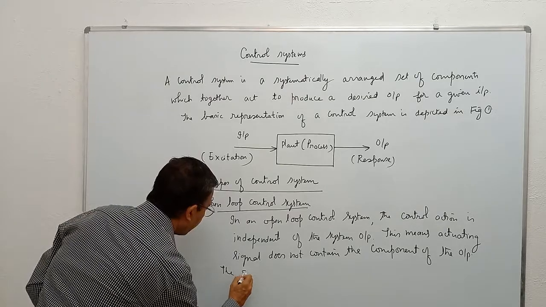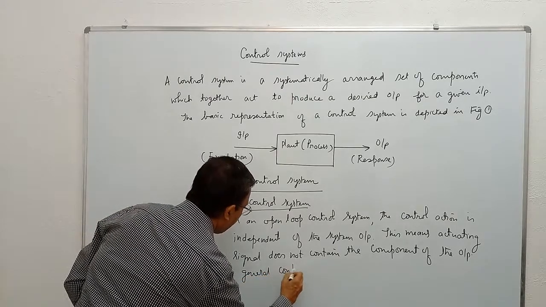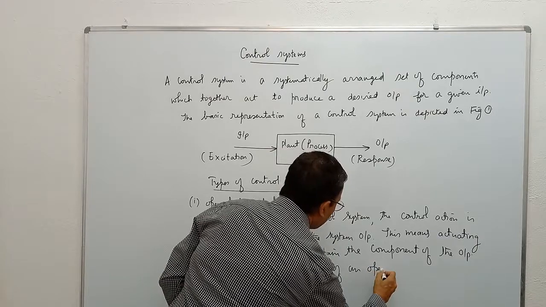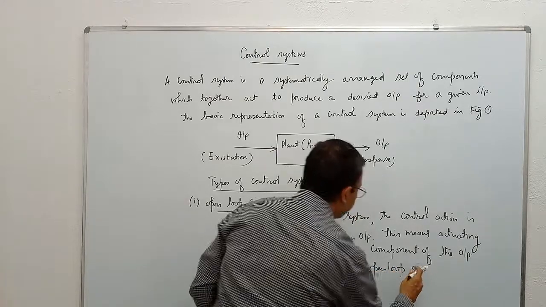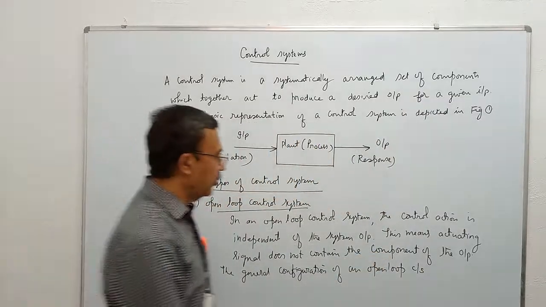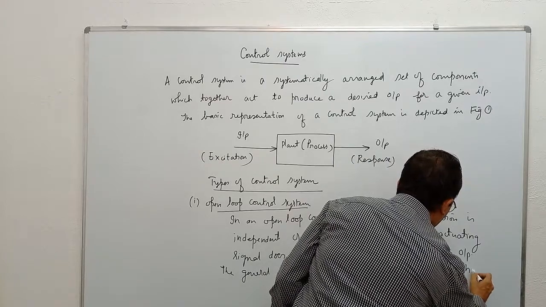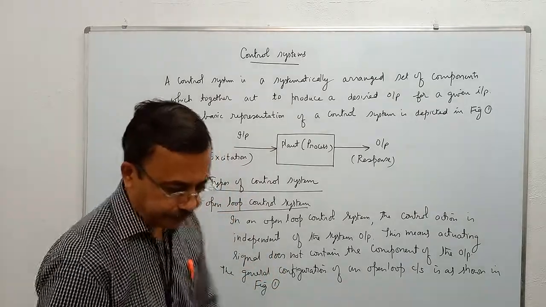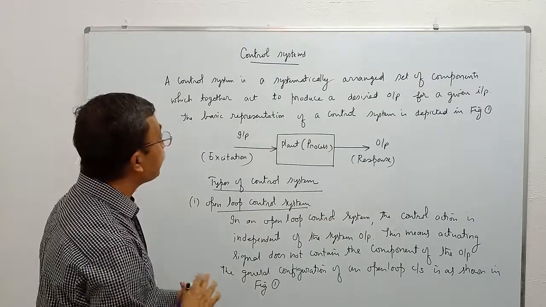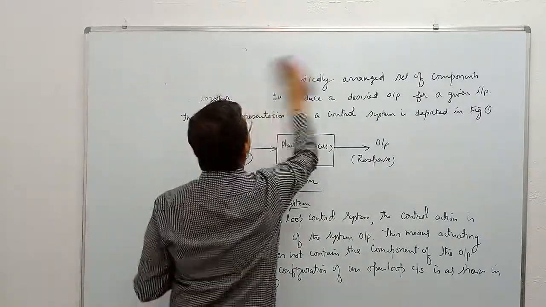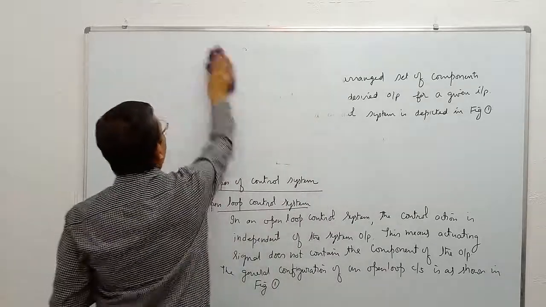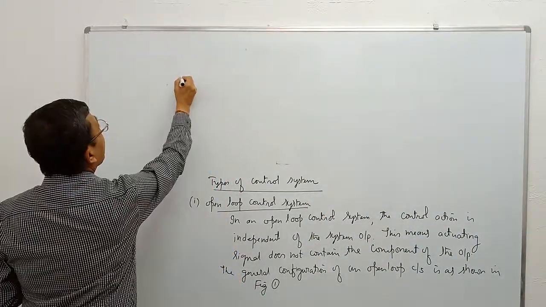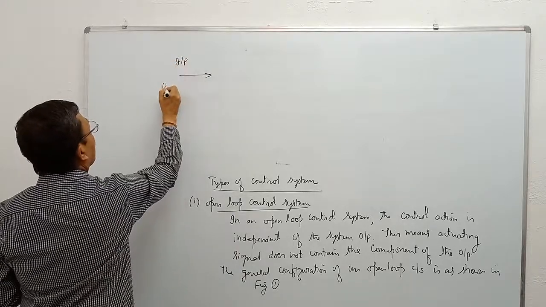The general configuration of an open loop control system, CS being a short form for control system, is as shown in figure 1. See, input, also called command.